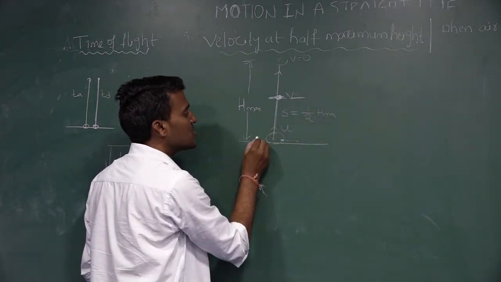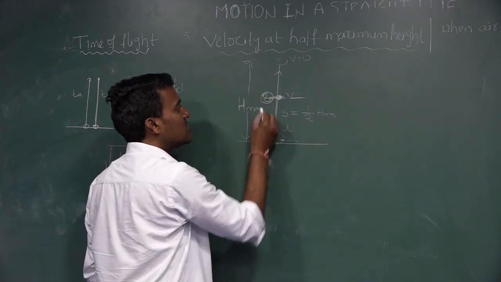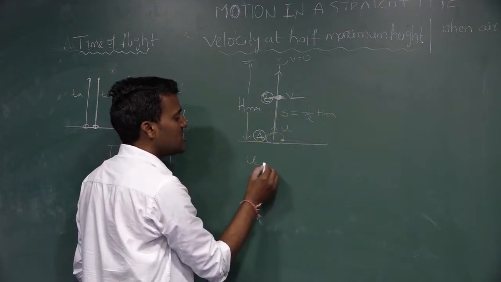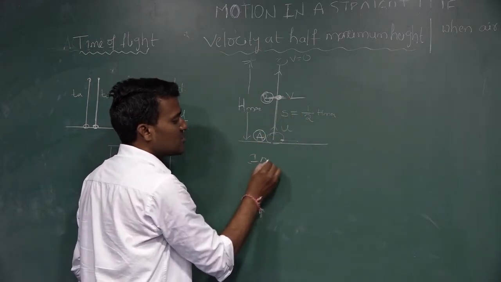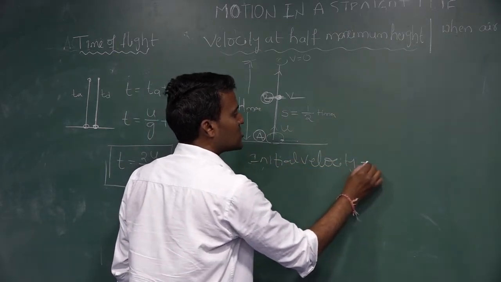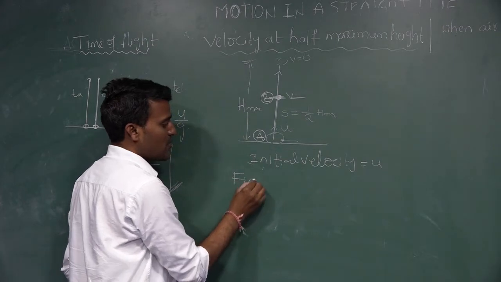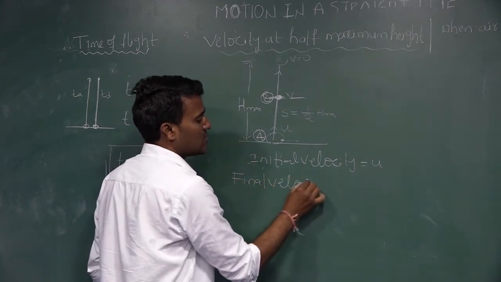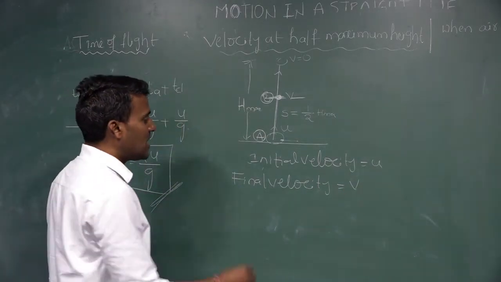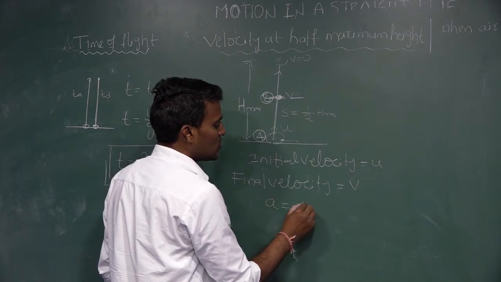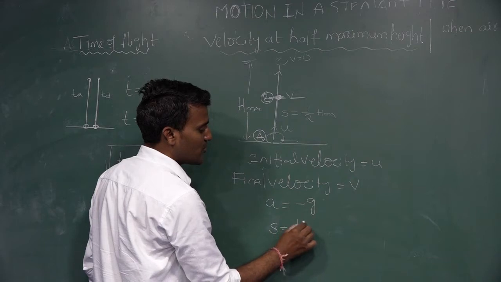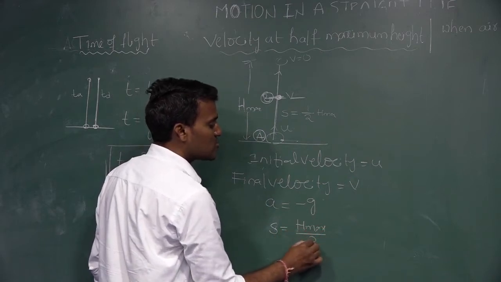We are taking two situations, at A and at B. So initial velocity is u, final velocity is v, acceleration a is equal to minus g, and distance s is equal to H maximum by 2. They are given very clearly, H maximum by 2.